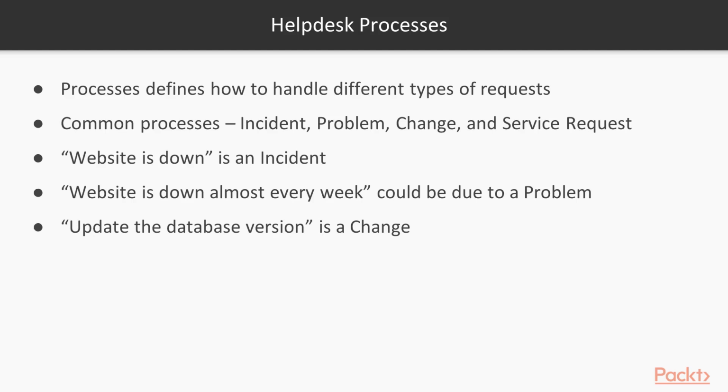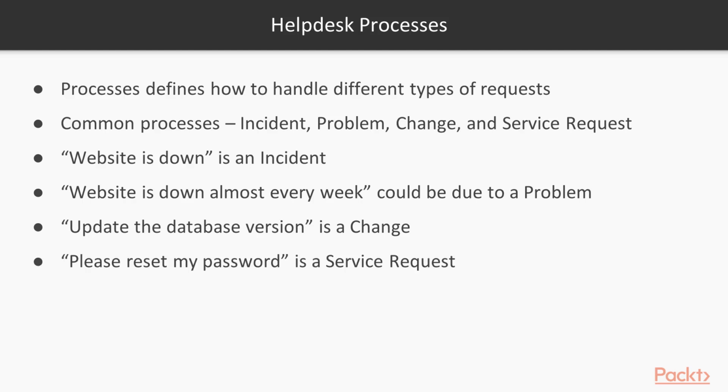And if you need to do some change in your system, let us say to resolve this issue of recurring website down, you need to update your database version, you need to update something, or maybe you need to apply a patch, and that is a change.